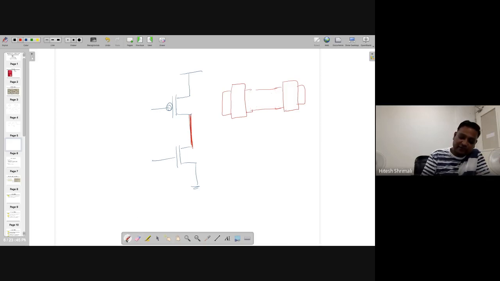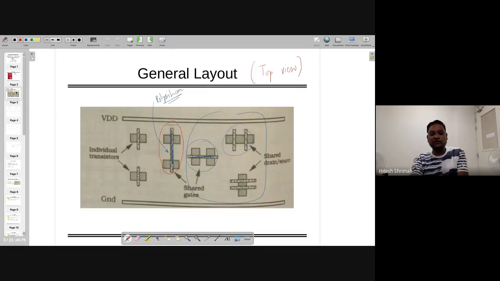Let's call them drain to drain abutment. This will be going to ground and this will be going to VDD, right? And both the gates are shorted to each other and connected as an input. Right? So such things are allowed. There is no need to go to the next level of metal if such connections are required. Accordingly, I'll tell you wherever it's needed.